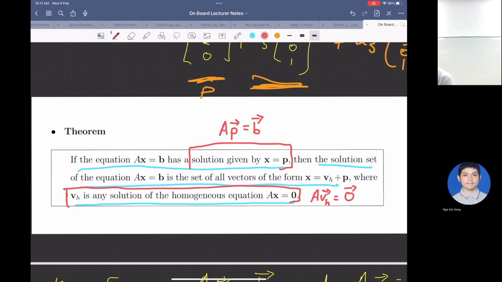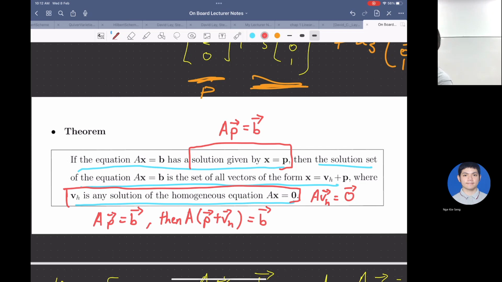Then the claim is, I know that Ap is b, because of the condition. The theorem is, if you add p with vh together, it still solves the equation.